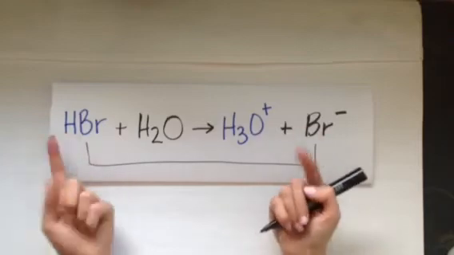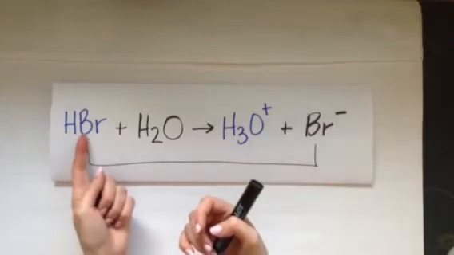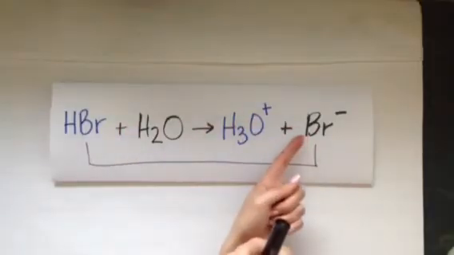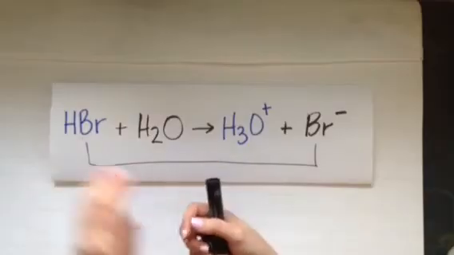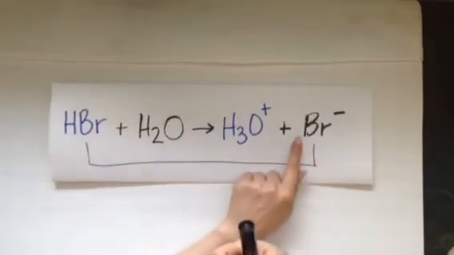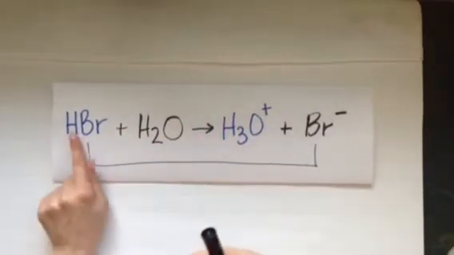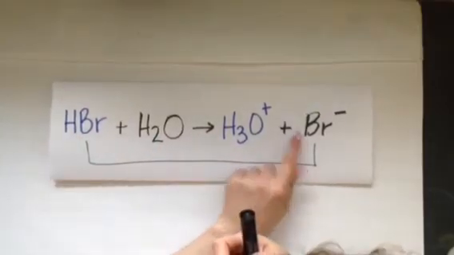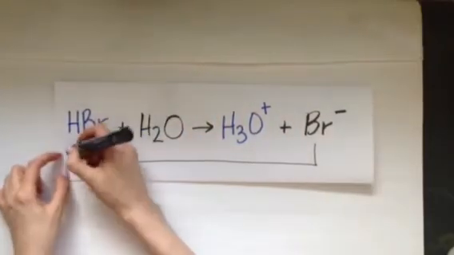Now, what happened? HBr, at the end of this reaction, lost a hydrogen. In other words, it donated it. How did I know? It started off with 1 and then it no longer had it. If you start off with an H and then at the end of the reaction you don't have it, it means you donated it. So let's put that here.